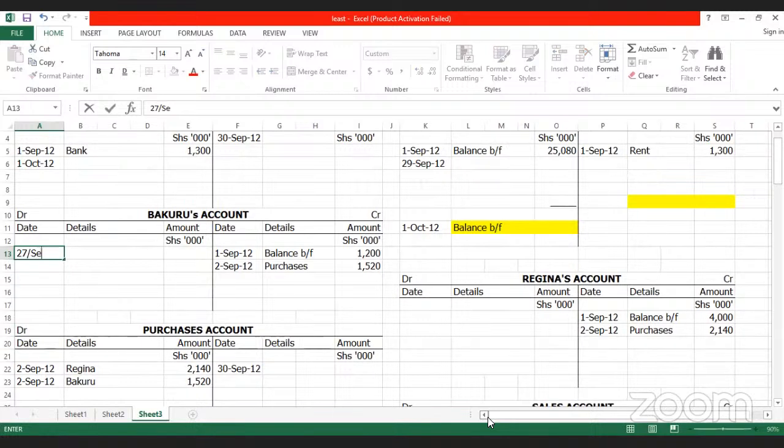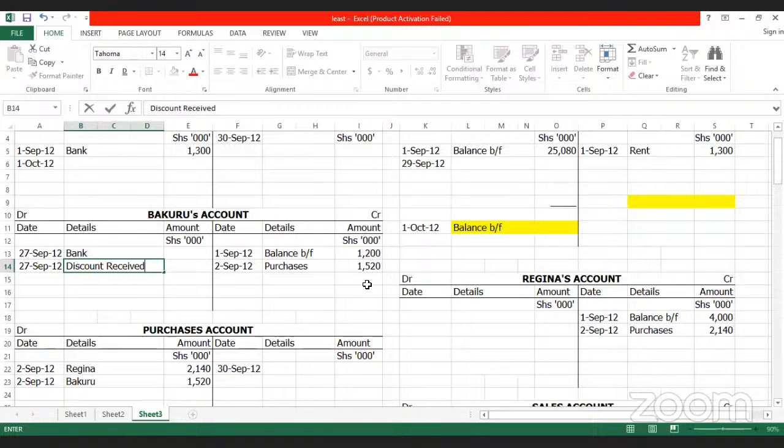Let's finish all these transactions. So on 27, bank. There is a discount received, that is an income. So the discount received account will be credited, and the supplier's account will be debited with the amount of the discount.